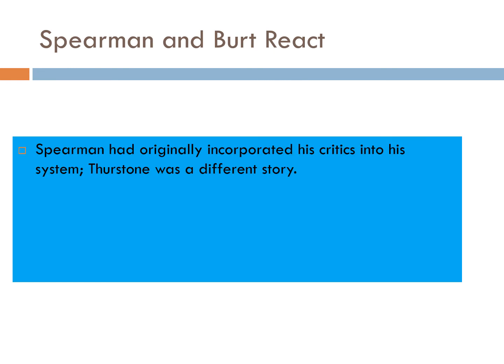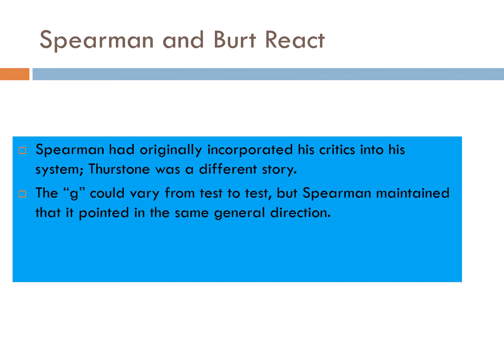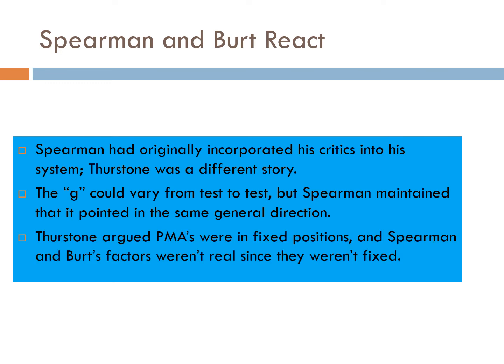Spearman had originally incorporated his critics into his system. Thurstone was a different story. The g could vary from test to test, but Spearman maintained that it pointed in the same general direction. Thurstone argued that PMAs were at fixed positions, and that Spearman and Burt's factors weren't real because they weren't fixed.